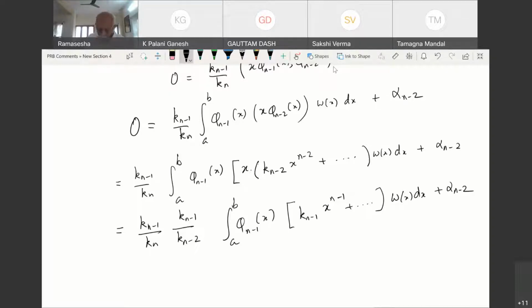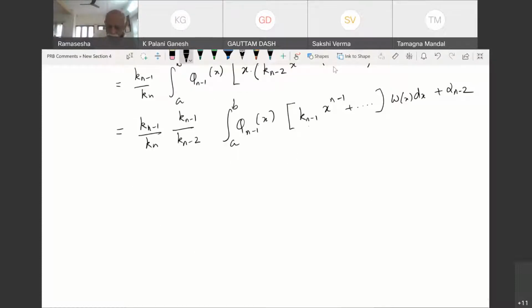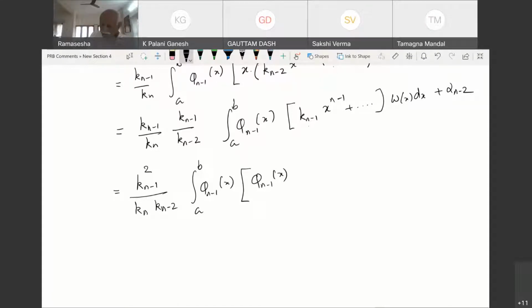So this leading term that I have, I can write it in the following way. k_n P_n times the integral from a to b of P_{n-1}(x) times P_{n-1}(x) will be the first one.